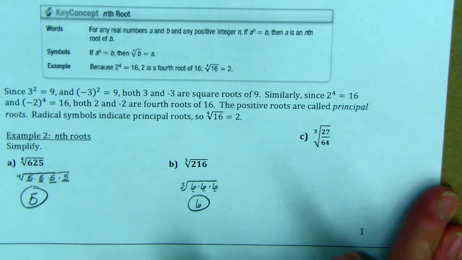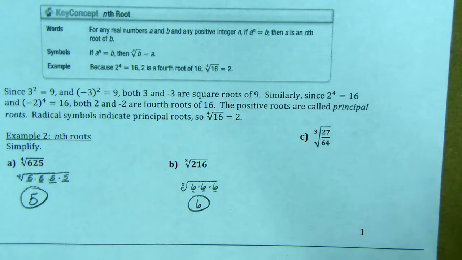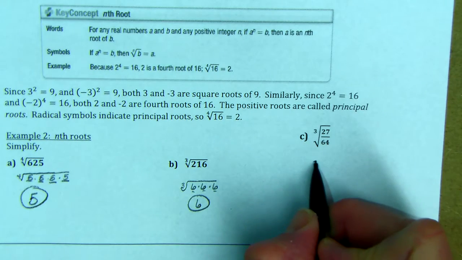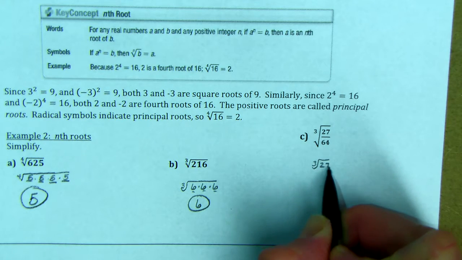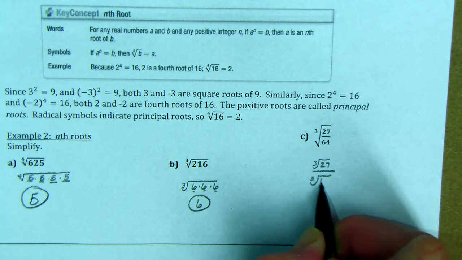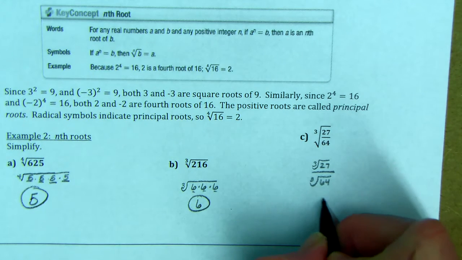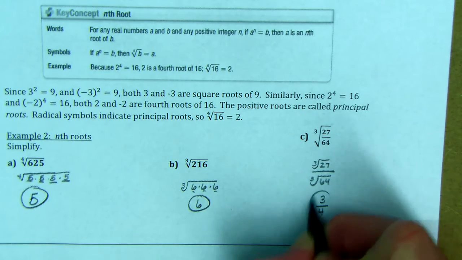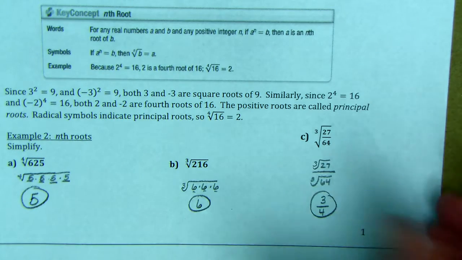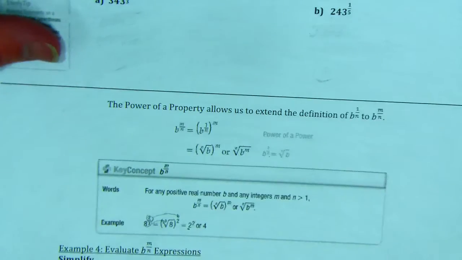All right, and C is even easier, or hopefully you're pretty familiar with the cubed root of 27 and the cubed root of 64. That's what it is when we have a root. We just take the root of both of them. So it is just 3/4. All right. Now flip that page over.